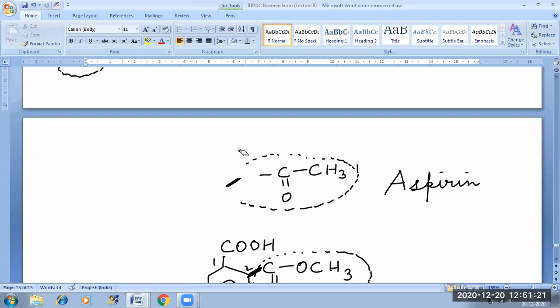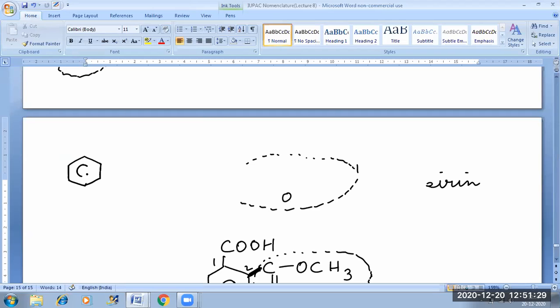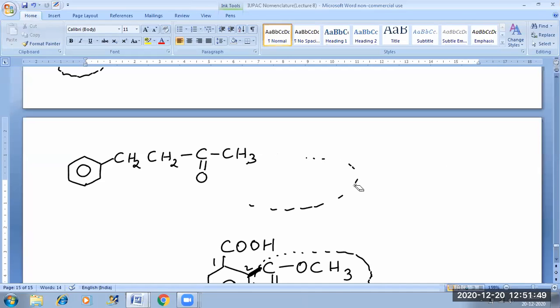What about this one? What is the principal functional group of this compound?